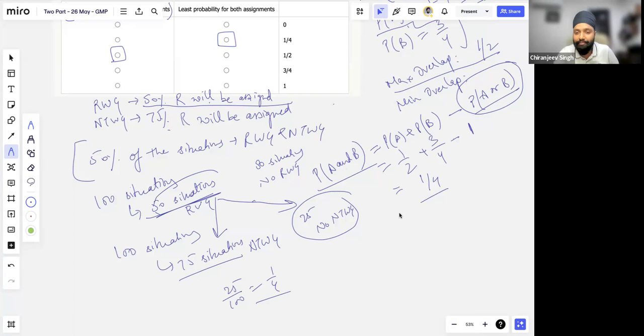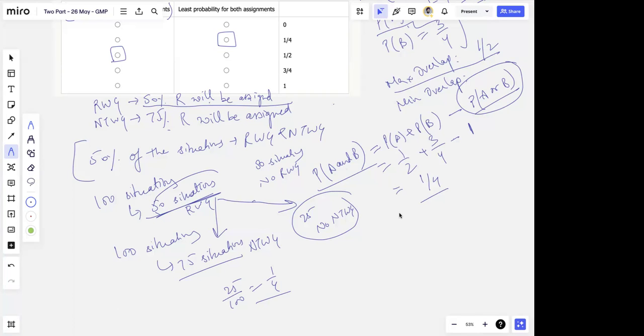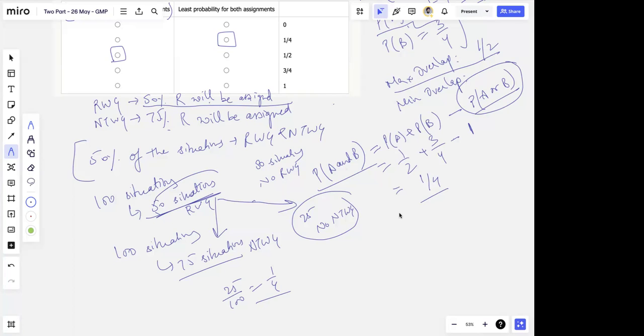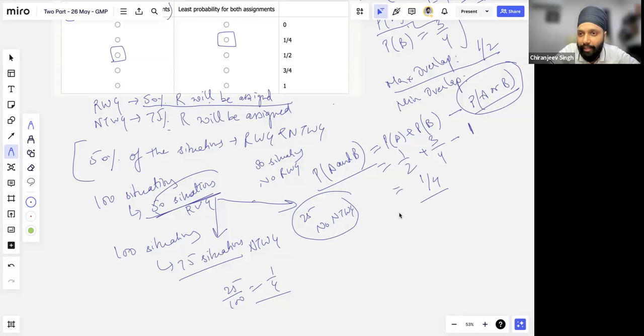Somebody raised a hand. Tushar, did you raise? Yes, sir, I did. So I was saying, we can also solve it using Venn diagram, maybe. हाँ, इसी को वेन डायग्राम से भी रिप्रेजेंट कर सकते हैं. Cool. Anything not clear?